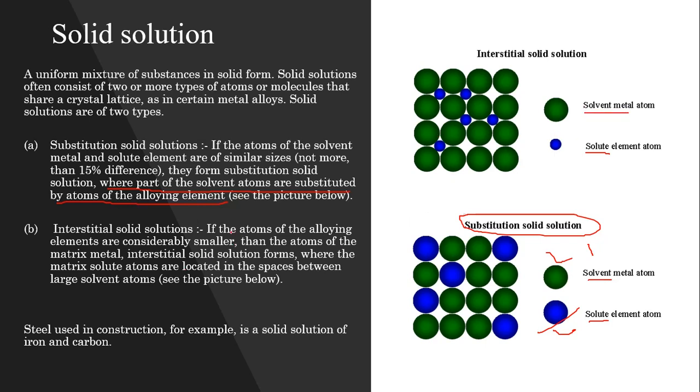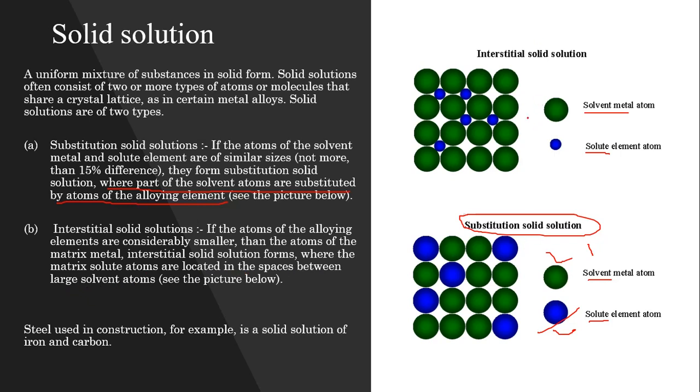If the atoms of the alloying element are smaller, as we can see, this is the alloying element, this is your base element, then an interstitial solid solution forms, where the solute atoms are located in the spaces between the large solvent atoms.